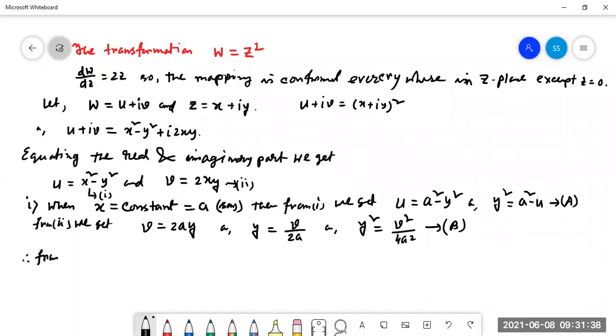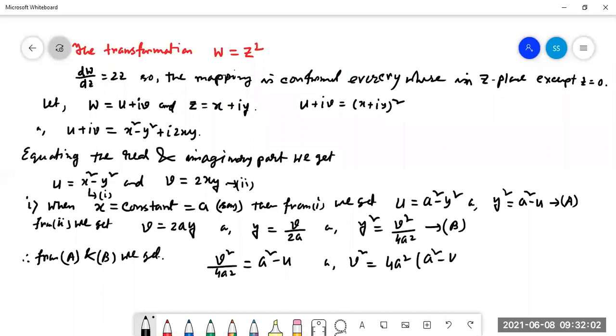So for A and B, we get V square by 4a square is equal to a square minus U, or V square equal to 4a square into (a square minus U), or V square equal to minus 4a square into (U minus a square).